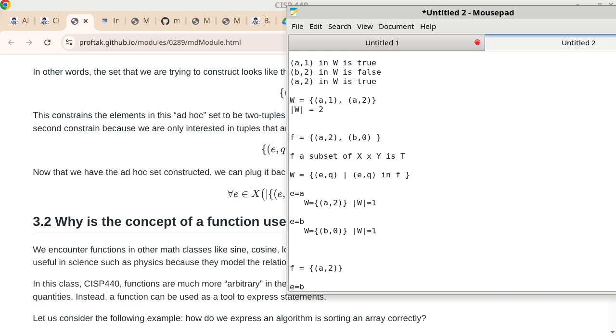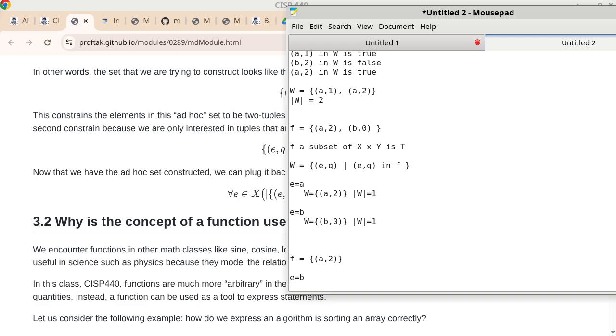In this case, if we are to evaluate things, we ask, what about the case when E equals B? Because B is still an element of X, right? In that case, W would have been an empty set, and the cardinality of W would then be 0, which does not equal what we want, which is 1. So when E equals B, the requirement that we need for every element has failed.